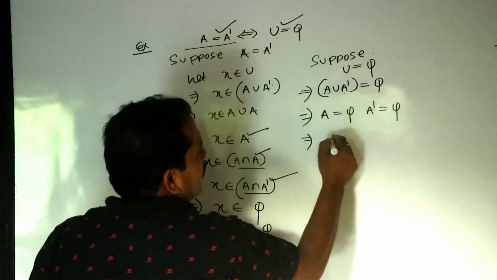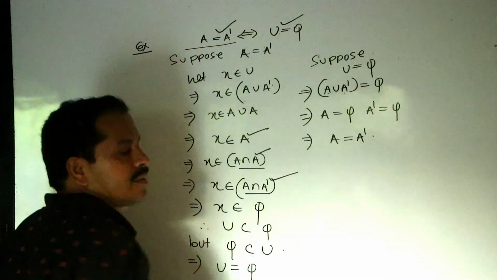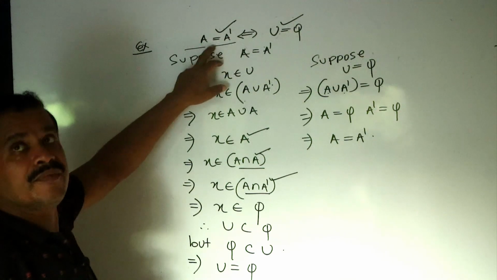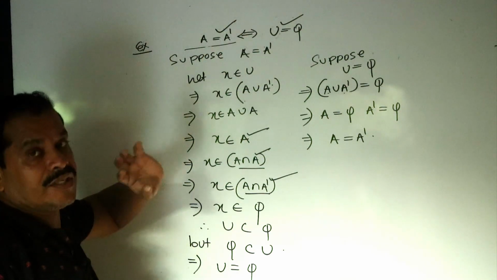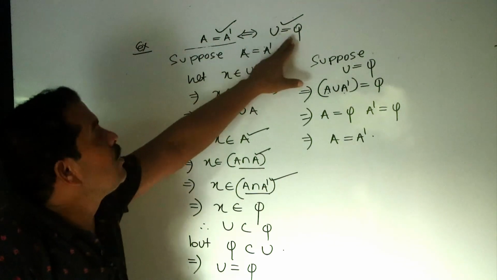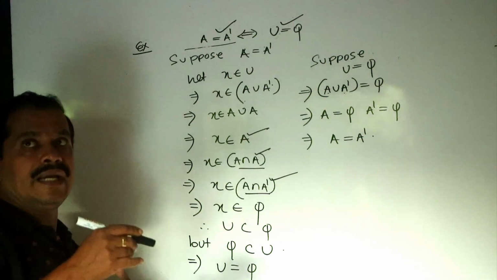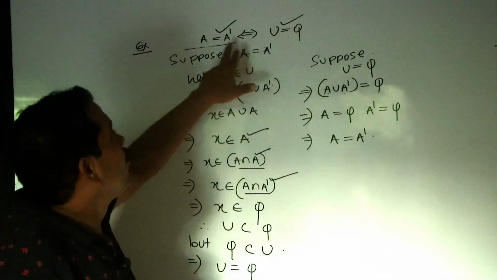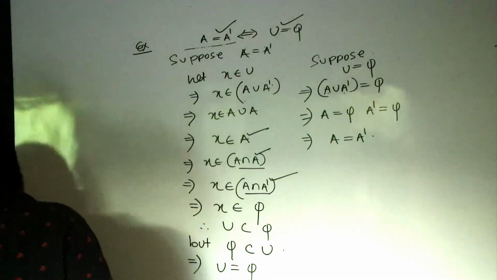This implies A equals A dash. So this is two parts, one is the necessary part, another is the sufficient part. First we take A equals A dash and we have proved U equals phi. Second, we take U equals phi and we have proved that A equals A dash.